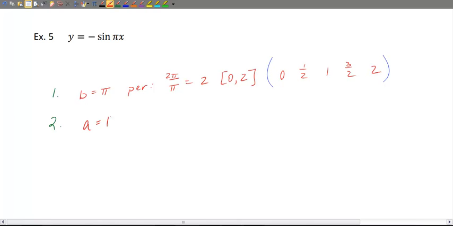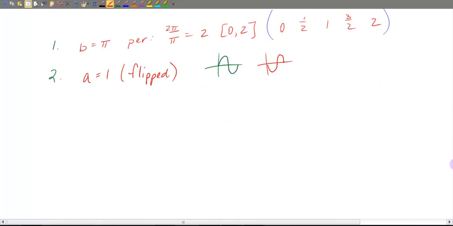If you remember from translations, and if you don't, anytime I have a negative amplitude, then my graph is actually flipped, in other words, reflected across the x-axis. So if my normal sine function starts and goes up like this, my flipped function looks like this.